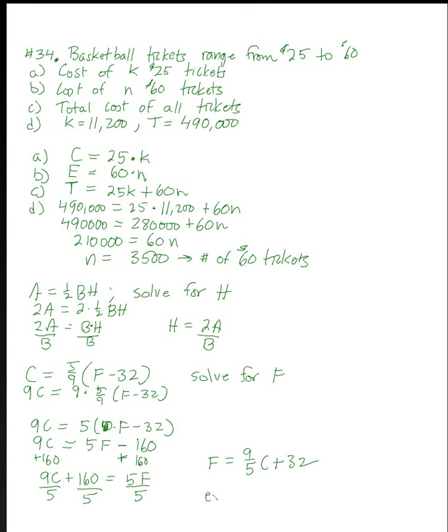So, for example, now, if I see the temperature is going to be 15 degrees, I plug in and I have f is 9/5 times 15 plus 32. My calculator tells me that's 59 degrees Fahrenheit. So my low temperature for the day was going to be 59.